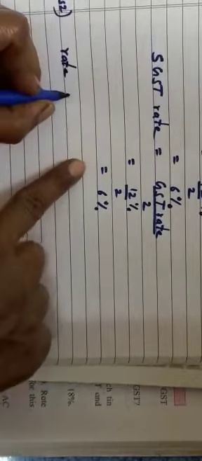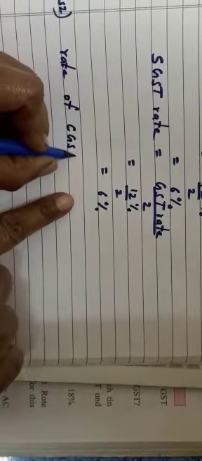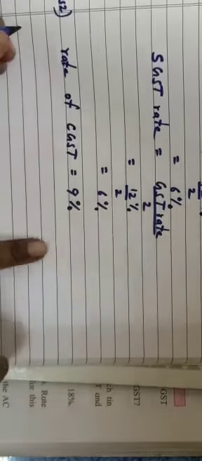So we will start with the rate of CGST, which is given to us as 9%. So the rate of CGST is equal to 9%. This is given to us.